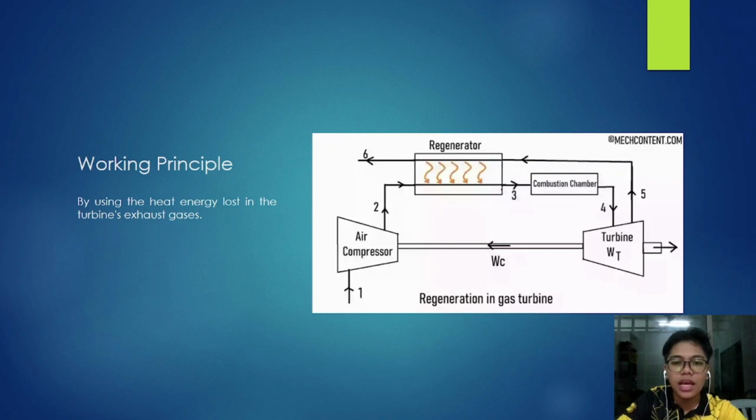The compressor and turbine are connected so that the power generated by the turbine is also used to power the compressor. After passing through the turbine, these hot gases pass through the regenerator, where their heat energy is transferred to the fresh compressed air.